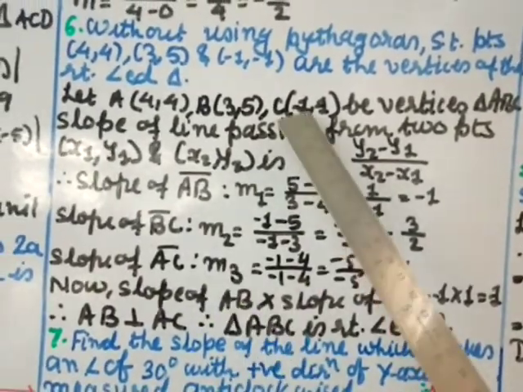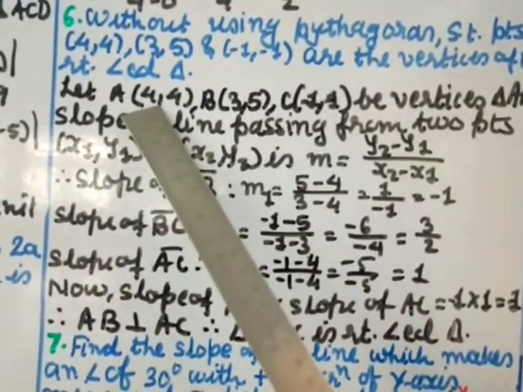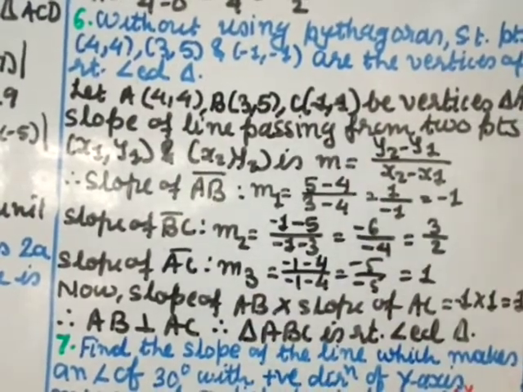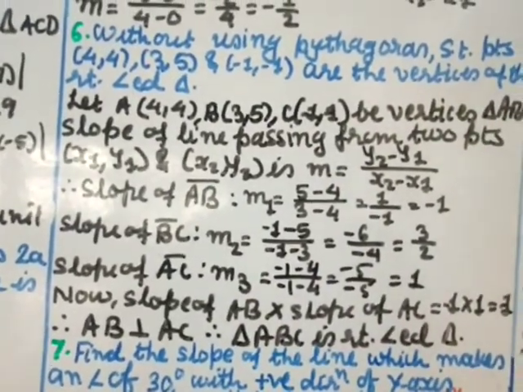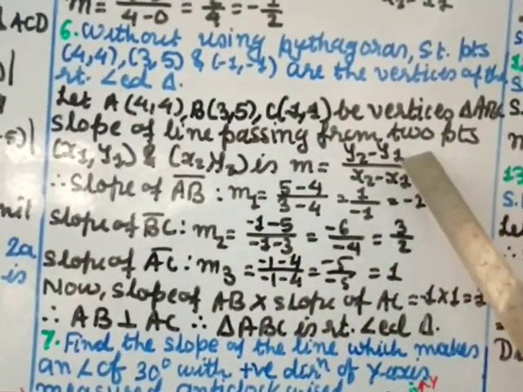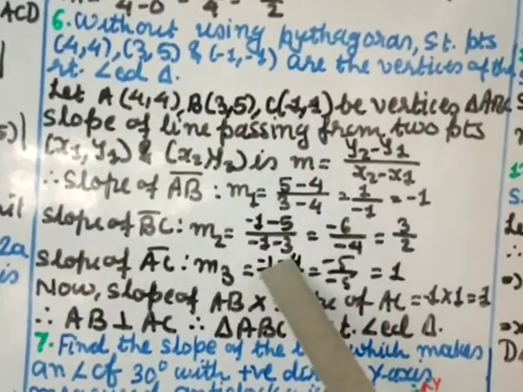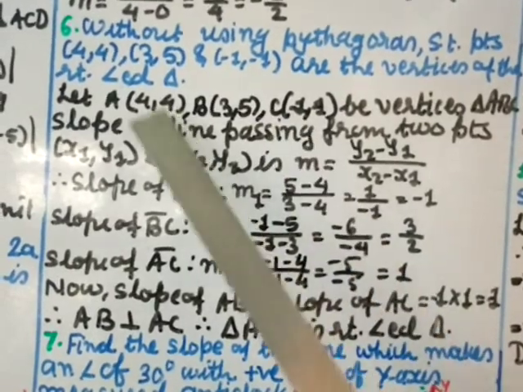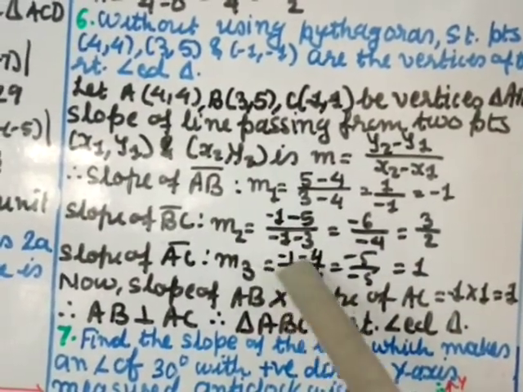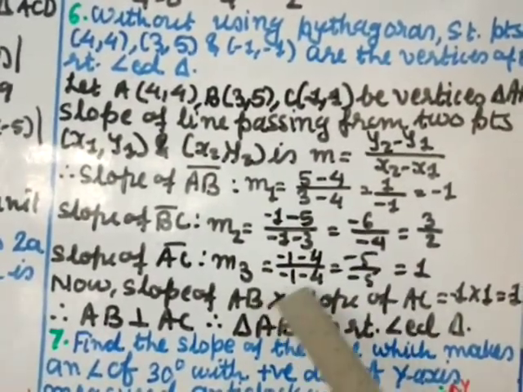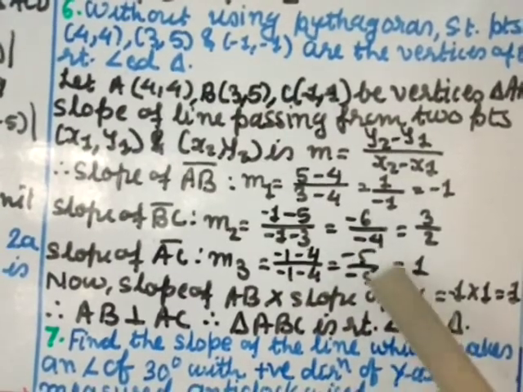You call this x1, y1 and this x2, y2, or you call x1, y1 this, x2, y2 this. Both will give the same answer. So y2 minus y1, I'll take this one as y2: minus 1 minus 4, and x2 minus x1 is minus 1 minus 4. So minus 1 minus 4 is minus 5, minus 1 minus 4 is minus 5. So this gives you 1.